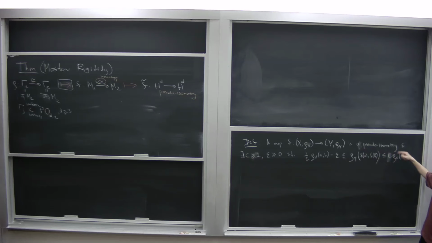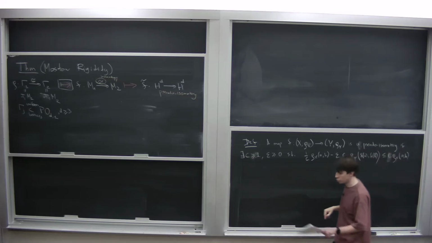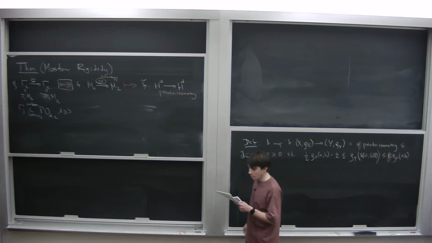The difference between quasi-isometries and pseudo-isometries is that pseudo-isometries are Lipschitz maps and thus are continuous maps. For quasi-isometries, generally it's not true.